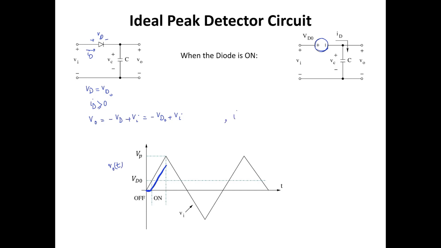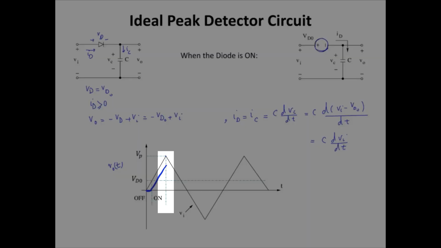Also in this area, Id is equal to Ic, and that is equal to C dVc over dt. This is Ic, and that is equal to C d(Vi minus Vd0) over dt, which is equal to C dVi over dt.